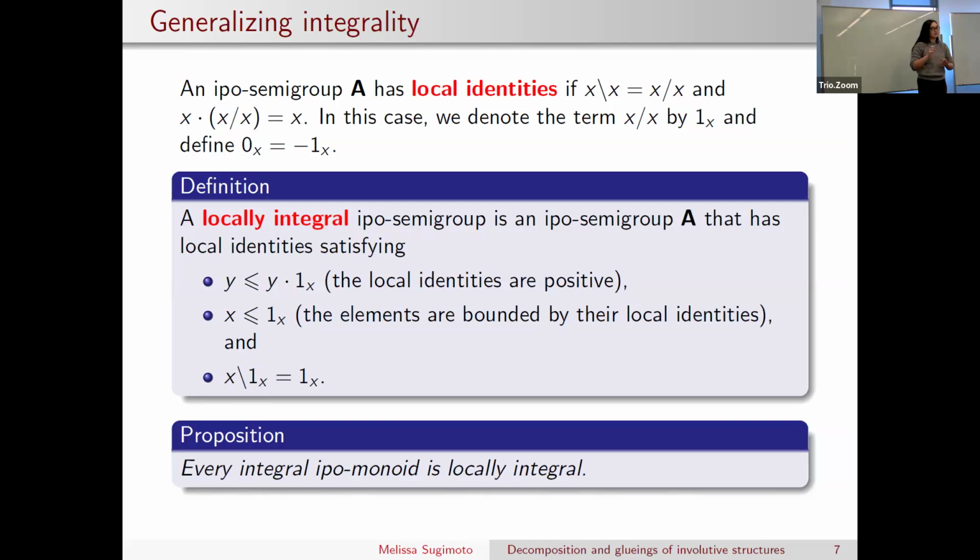And if we look at something locally integral, zoom in on a small piece, it'll look sort of like something that is then bounded by the local identity 1x on the top and 0x on the bottom. See that in a second, I think. And to make sure this is really a proper generalization, we also confirm that every integral ipo-monoid is also locally integral. So everything that is integral is locally integral, but then there may be some more things that are just locally integral and not integral.